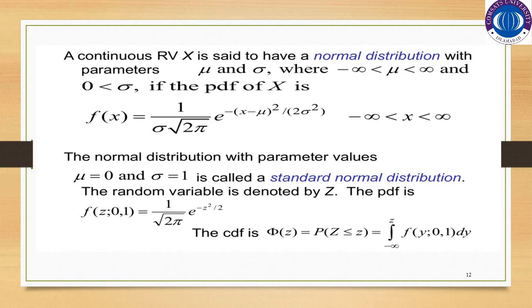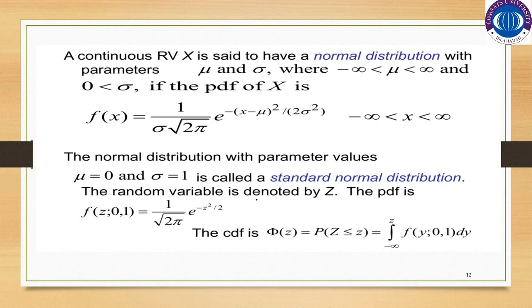Now, a continuous random variable x is said to have a normal distribution with parameters mu and sigma with this PDF, as we have studied in the previous slide. Now, as we have converted this x into z, which we called the z-score, the normal distribution with parameter values mu equal to 0 and sigma equal to 1 is called a standard normal distribution.